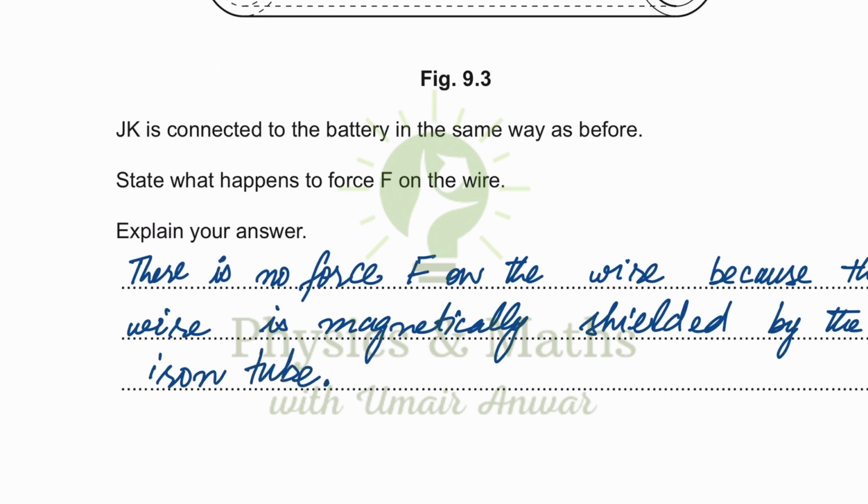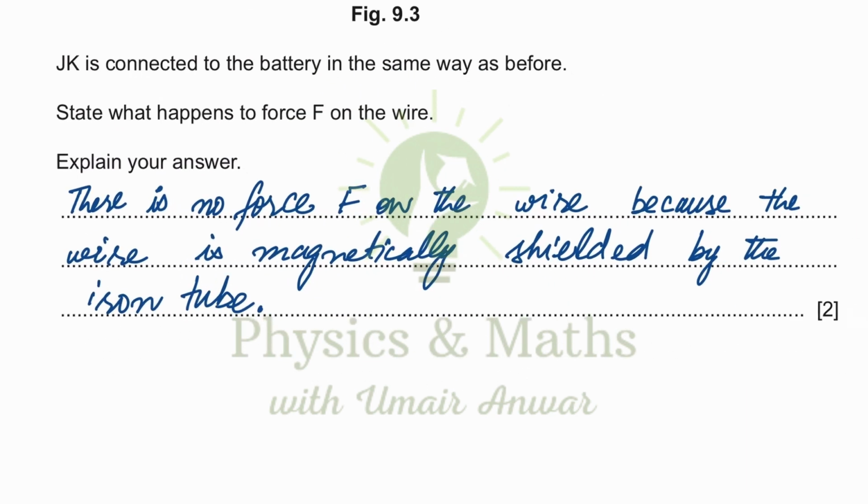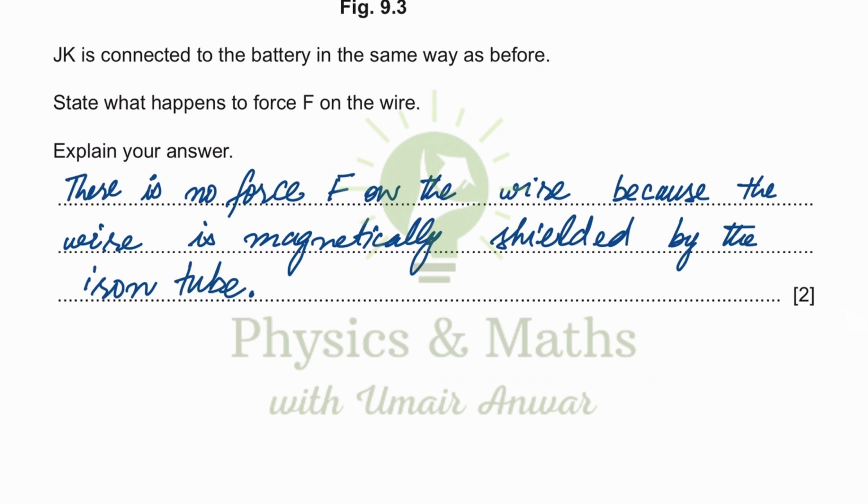The iron tube is the material through which the magnetic field lines would be passing, and there would be no interaction between the two magnetic fields now.